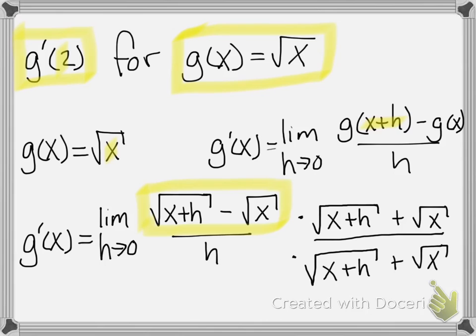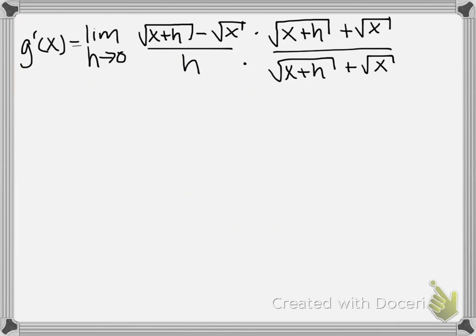Alright, and I will carry this over to another slide. Okay, so here's where we're sitting at. And I mean, if you wanted to, you could put parentheses around these just to kind of keep them separate so you don't get lost with it. Alright, so up top you can see that we have the difference of squares. And so basically what we're going to end up with is the first term, which is the square root of x plus h, and we're going to be squaring it, which is just going to leave us with the x plus h.